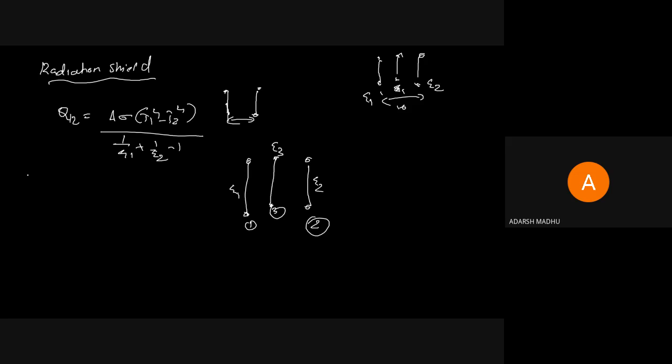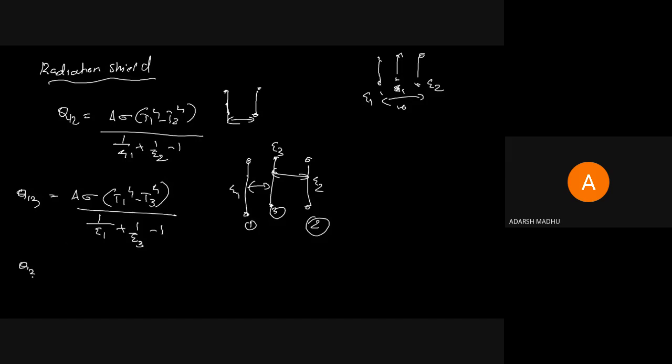We can write the equations for radiation from 1 to 3 and 3 to 2. From 1 to the radiation shield, we can write the same equation: A sigma into T1 raised to 4 minus T3 raised to 4, divided by 1 by epsilon 1 plus 1 by epsilon 3 minus 1.